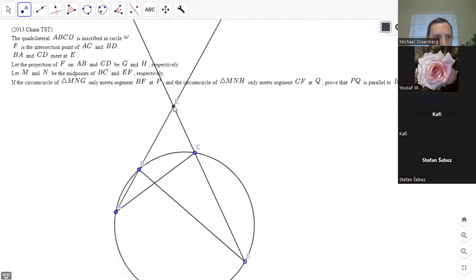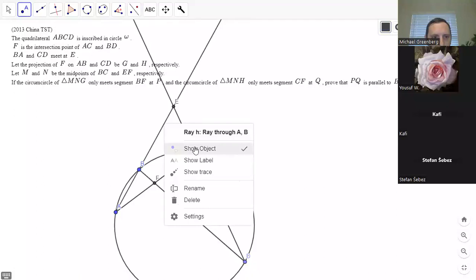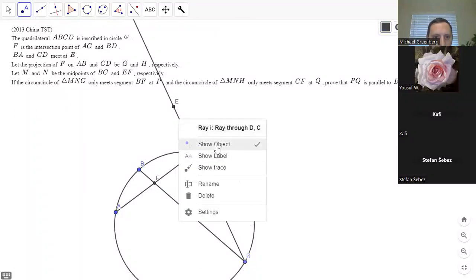So this will be E, this will be F. Then we project F onto AB and CD.